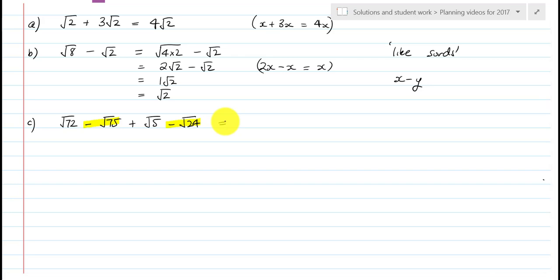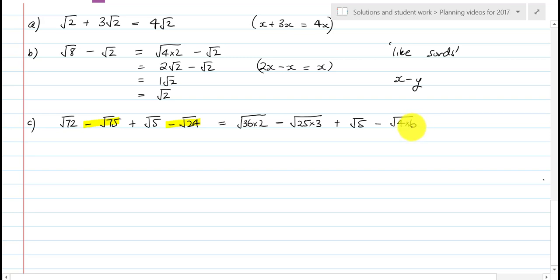72, I go back to my square number list and I can see that 72 is the same as 36 times 2, and 36 is 6 squared, minus 75, which is the same as 25 times 3. 25 is 5 squared, plus root 5 minus 24, and 24 is the same as 4 times 6.